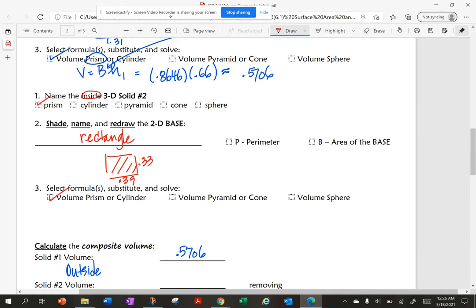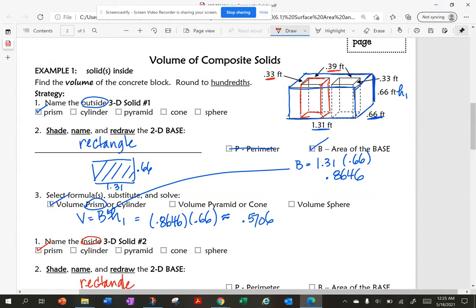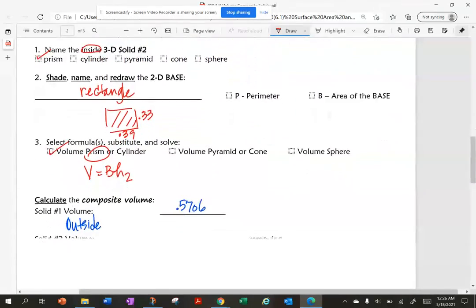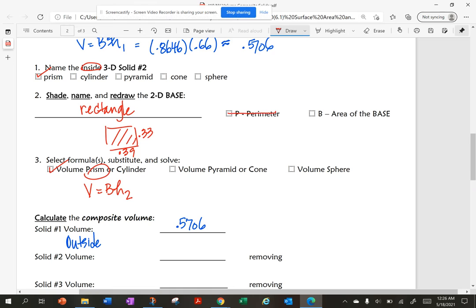Again, I'm finding a prism. So volume equals area of the base times the height of the prism. This time the height of my prism is from here to here. So this is also 0.66. This is H2. I don't need the perimeter.